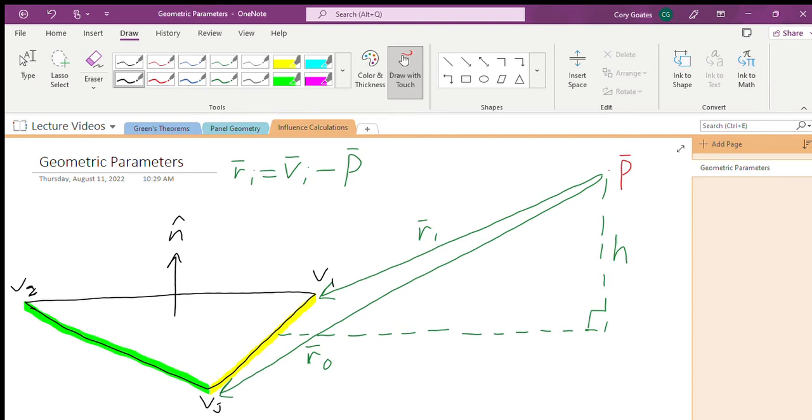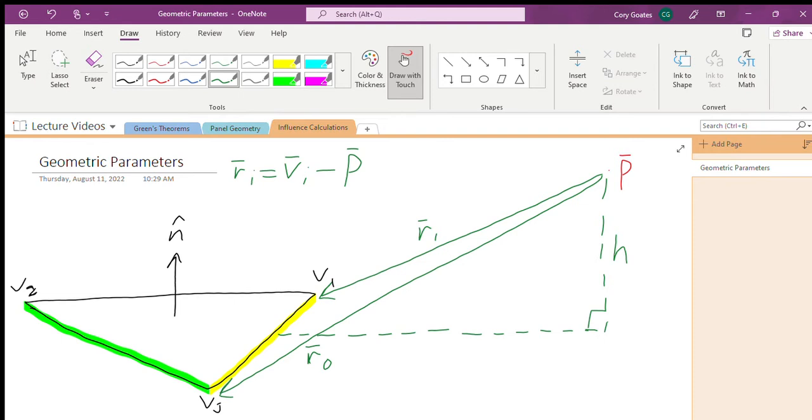Remember, though, that if we're dealing with transforming coordinates in terms of position, we need to be careful about the origin. So rather than just taking the dot product of P with n, we're going to take the dot product of n with R, and we can pick any one of these R's, but since we're dealing with R, that offset is already taken care of, and we're just projecting the displacement from P to the panel.